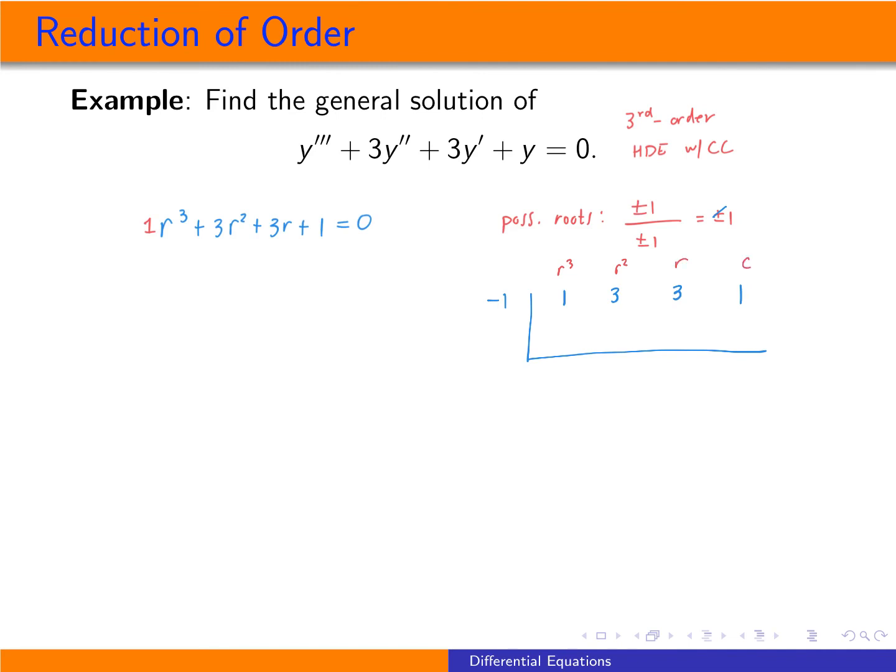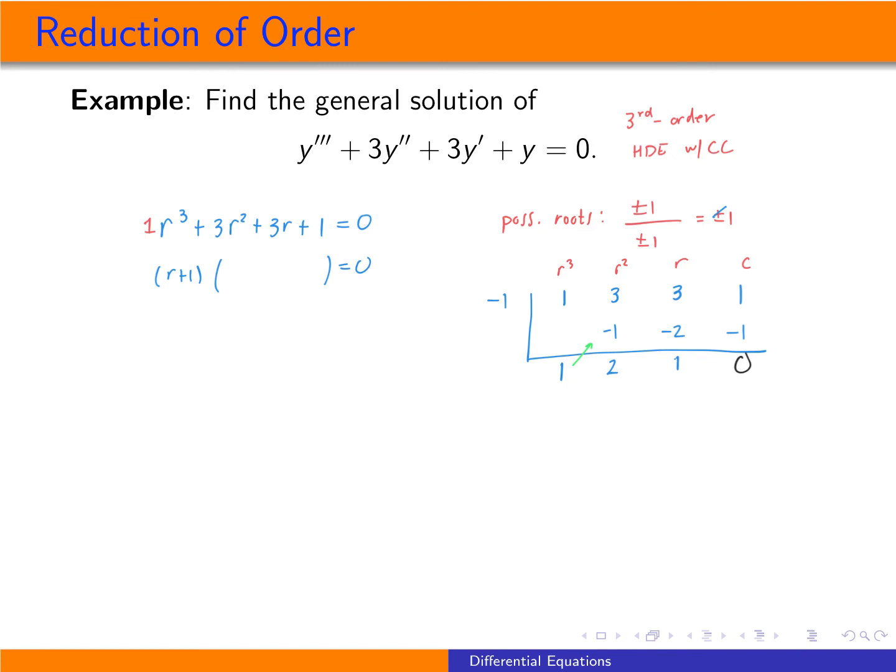Then we play our synthetic division game. The 1 comes down, and when we go back up diagonally here, we multiply by that potential root minus 1 up front. When we go downward, we add. Upward diagonally, we multiply by minus 1. And finally, at the end here, we do get 0. And this indicates to us that minus 1 is a root of the polynomial. So we have a factor, r plus 1.